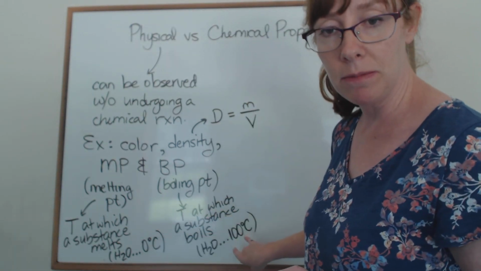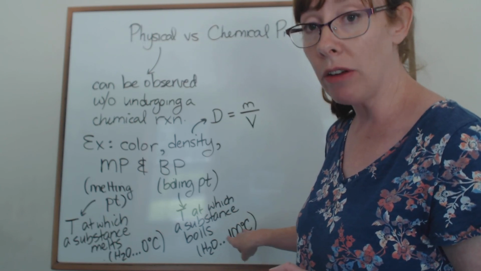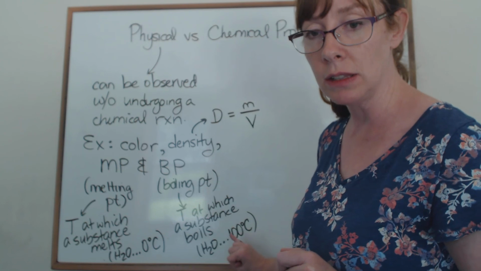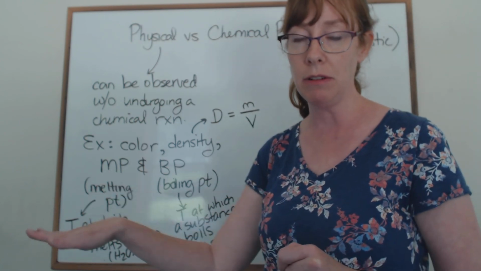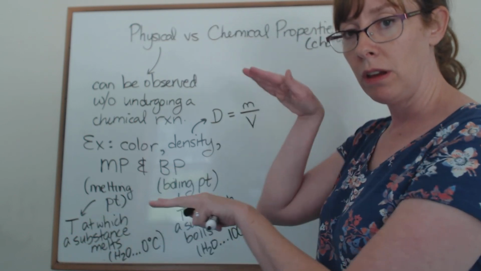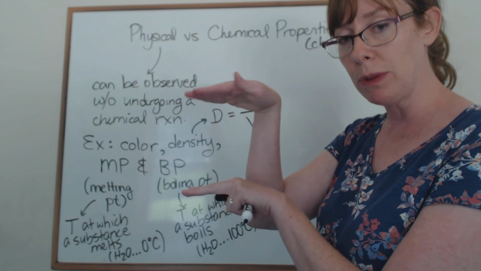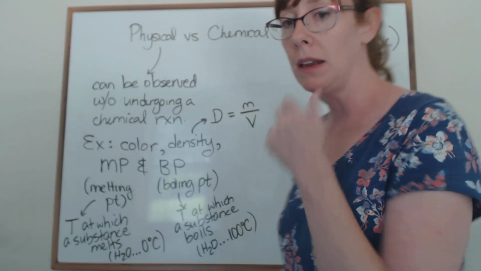In fact, this maybe clues you into the Celsius scale. The whole concept of Celsius is arranged around these two very important temperatures. That's why they fixed 0 for the melting, 100 for the boiling. They did that on purpose when they came up with what Celsius means. It's a man-made thing. All units are man-made.